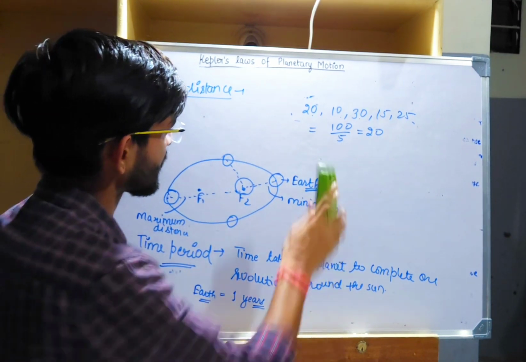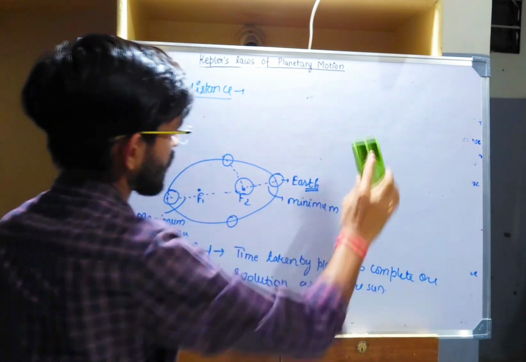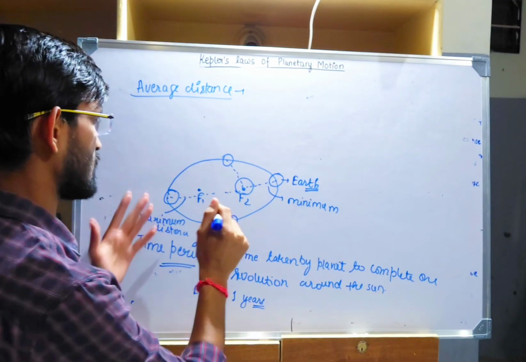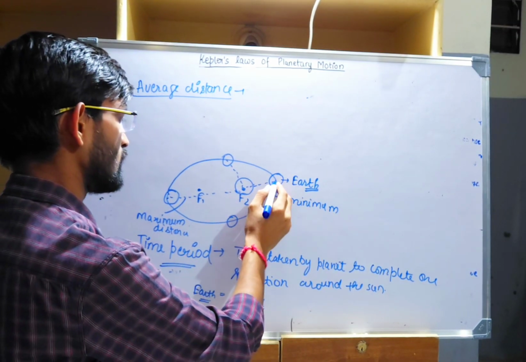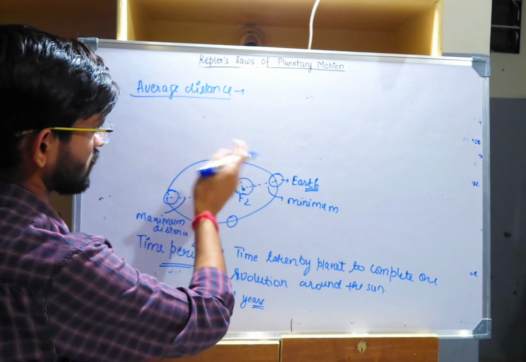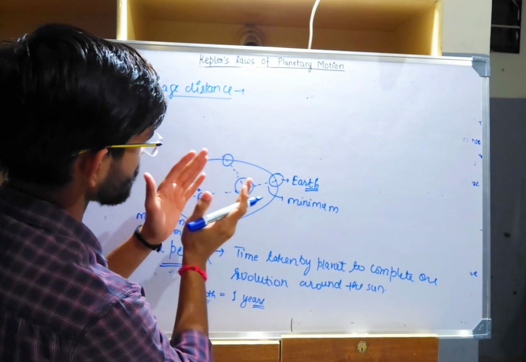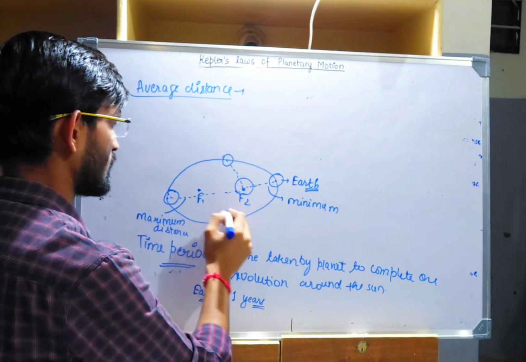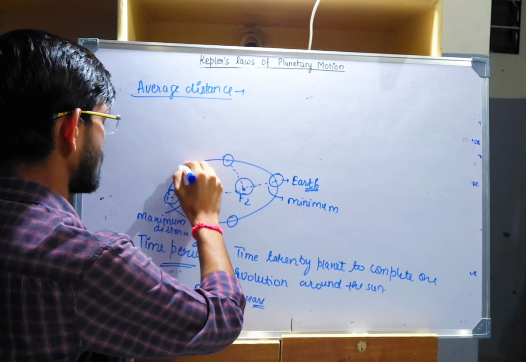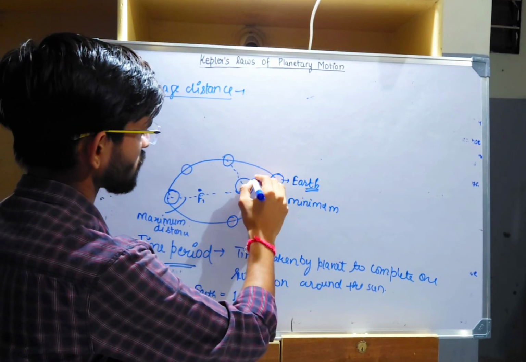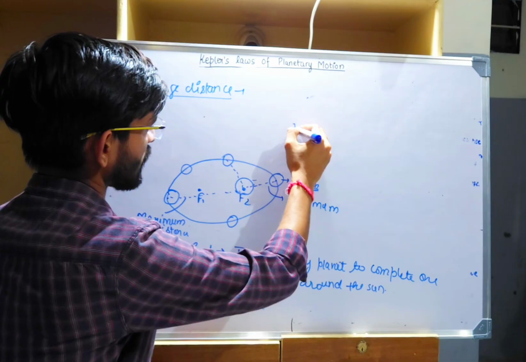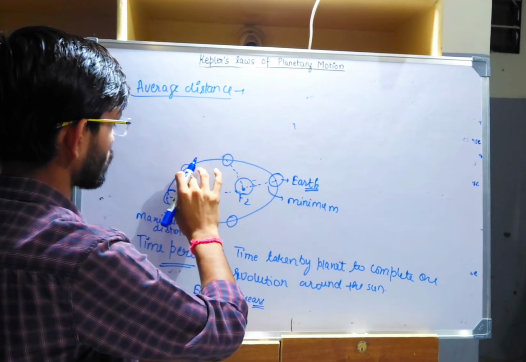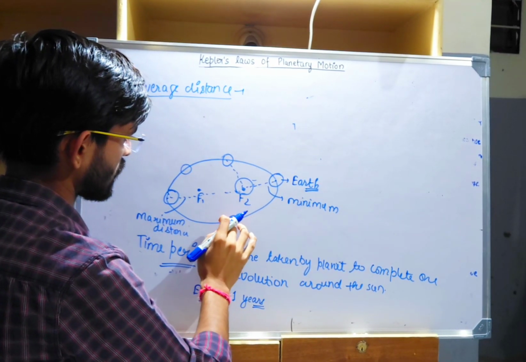Similarly, here in this case we also take the average value of the distance. Suppose we have taken 5 distances of Earth from the sun at 5 different moments, one here, one here, one here, and one here. Suppose here it is 100 kilometers, here 150, here 200, here 300, here 150.